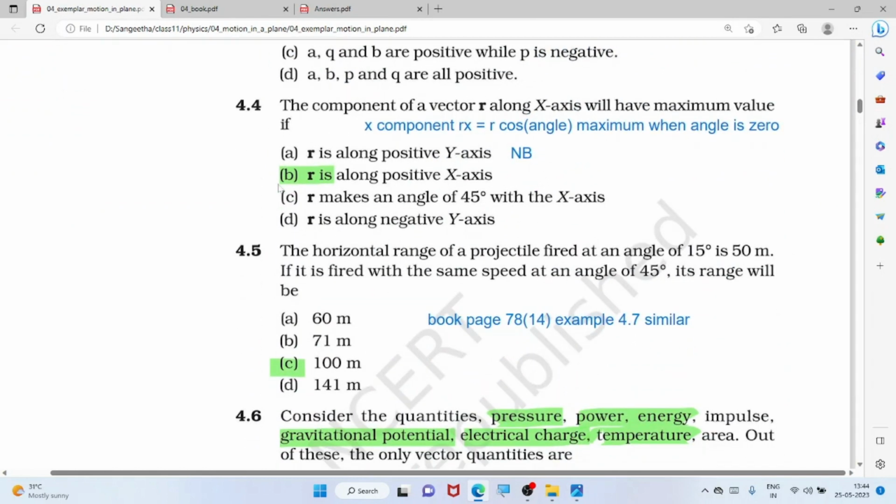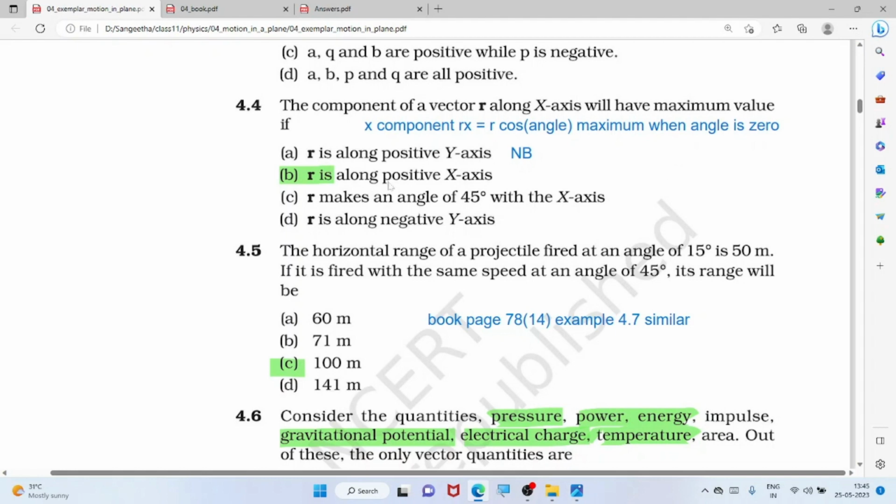4.4, the component of the vector along the x-axis will have the maximum value. The x component of a vector is represented by r cos theta. So for r cos theta, this will be maximum when the angle is 0, that is, on the x-axis only.